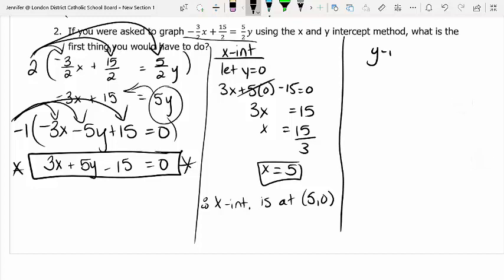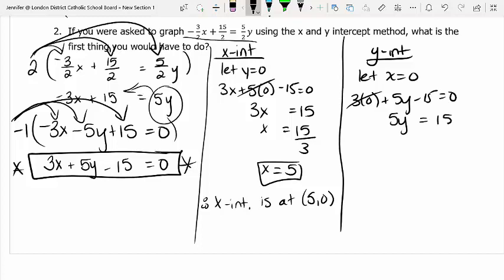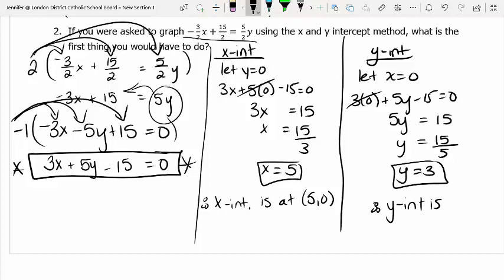Now our y-intercept, we let x equal 0. We simplify. And therefore our y-intercept is at 0 and 3.